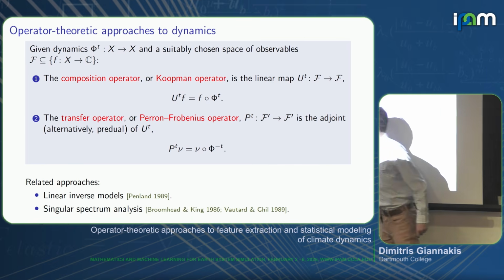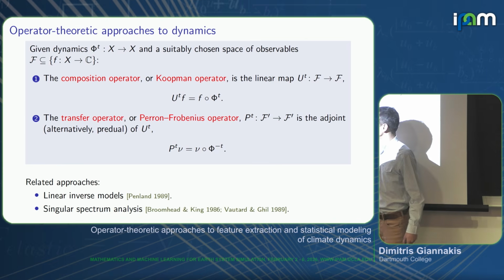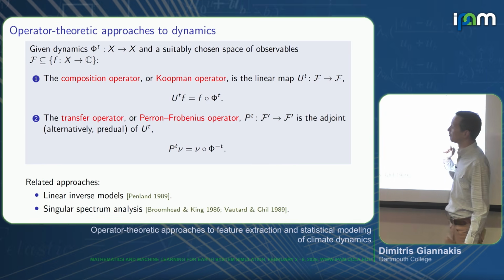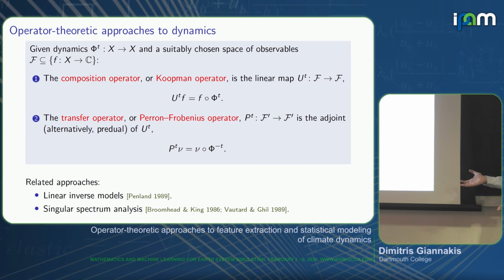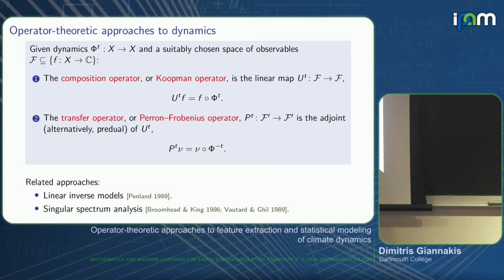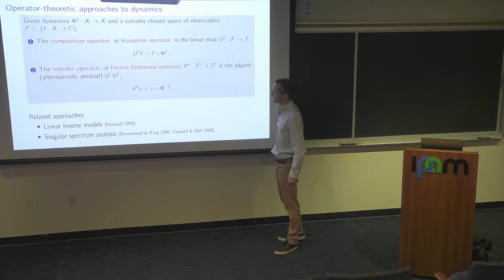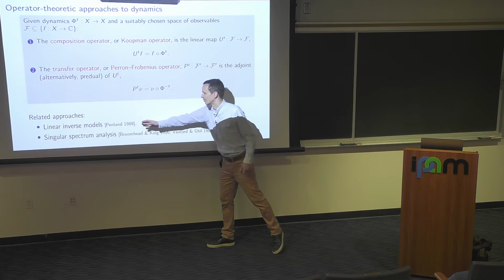For instance, the linear inverse models, one can think of as a basic approximation of the Koopman operator in a space of linear observables, and that has been around. And then the DMD, dynamic mode decomposition technique, if you've heard of that method, turns out to be essentially equivalent.